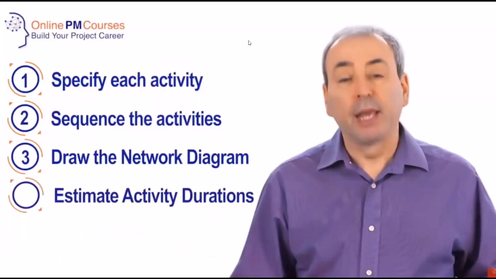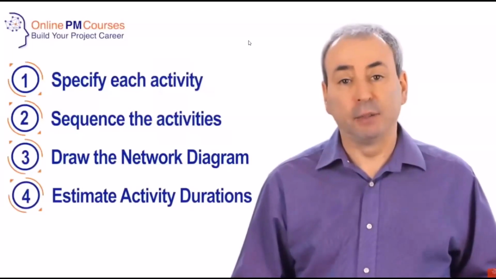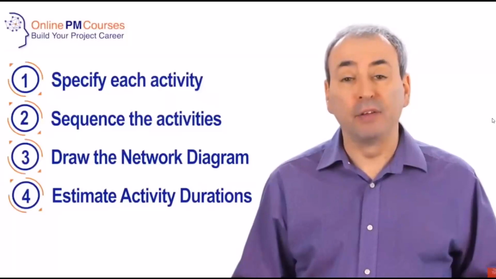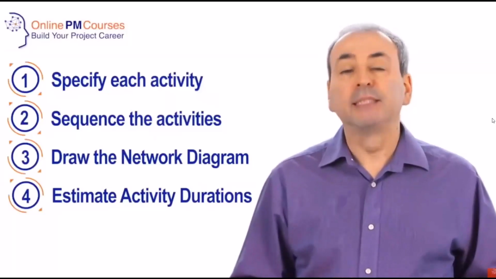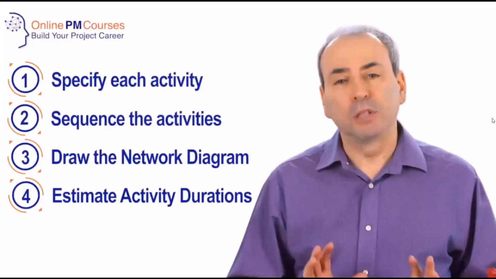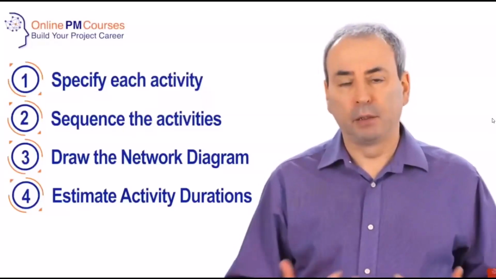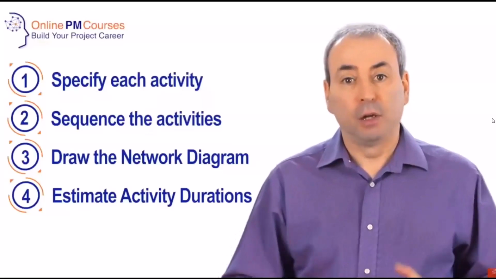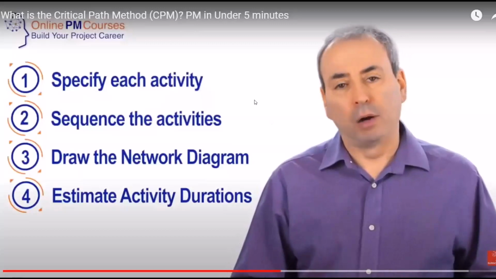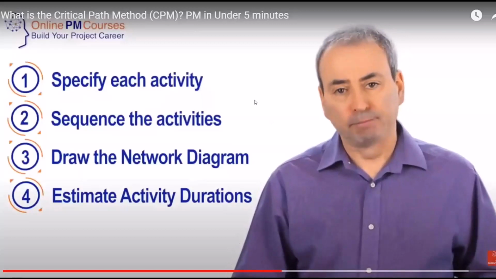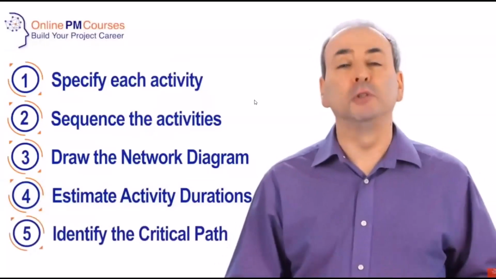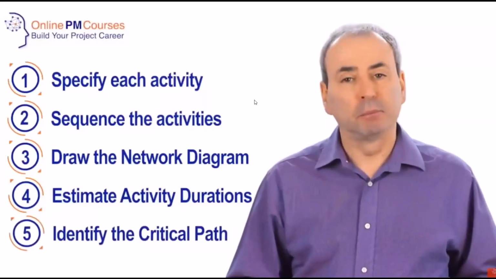The next step, step 4, is to estimate how long each activity will take, the durations. And as I say, in the critical path method, traditionally they're single point estimates, which is both the strength because of the simplicity, but also the weakness because of the lack of recognition of contingency and variability. The 5th step is to identify the critical path, and the critical path is the longest route through the network.